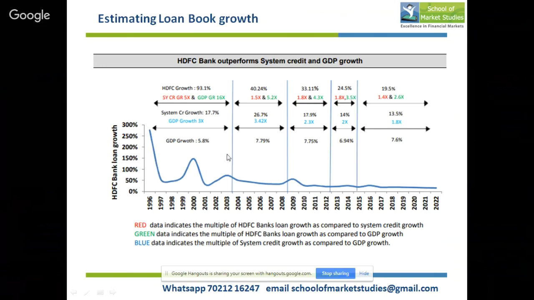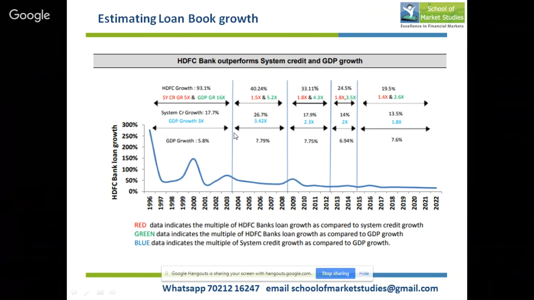And during that period, the corresponding system loan growth up to 2000 was 17.7. Then during the boom time, it was 26.7, followed by the fiscal stimulus period reverting back to 18%, then 14% in a mini recession period, and now it is expected to grow at 13.5%.